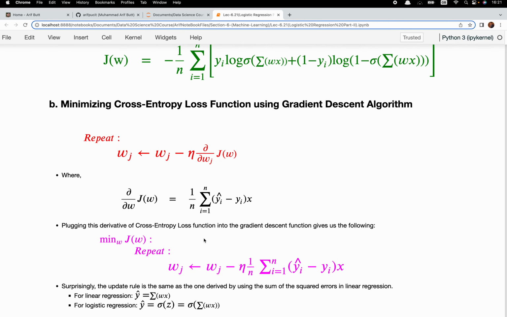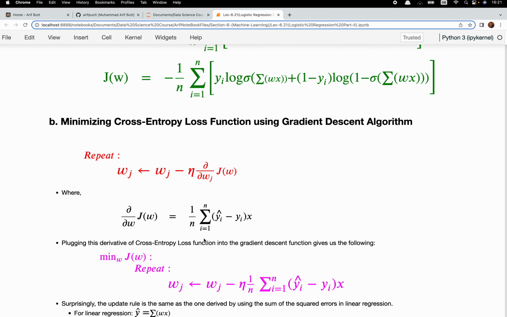So we do this using the gradient descent algorithm. Well, the template for gradient descent is shown in red over here. If we have m input features, we will have m plus 1 weights.